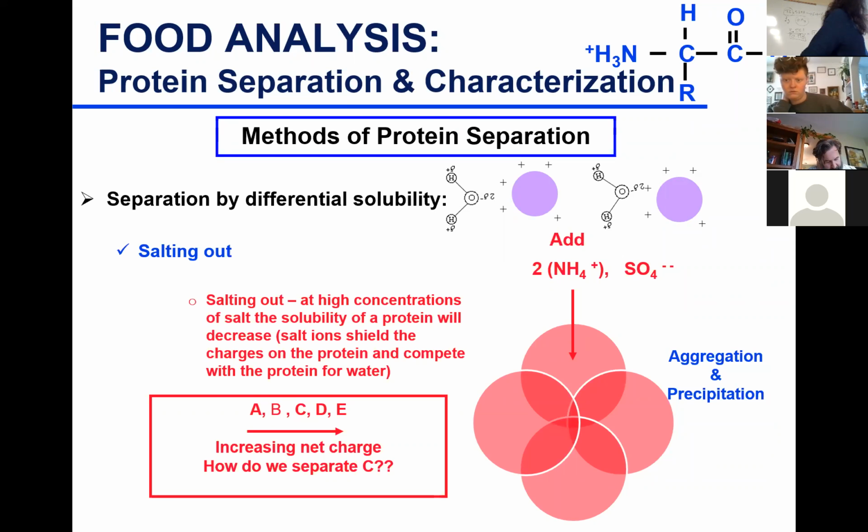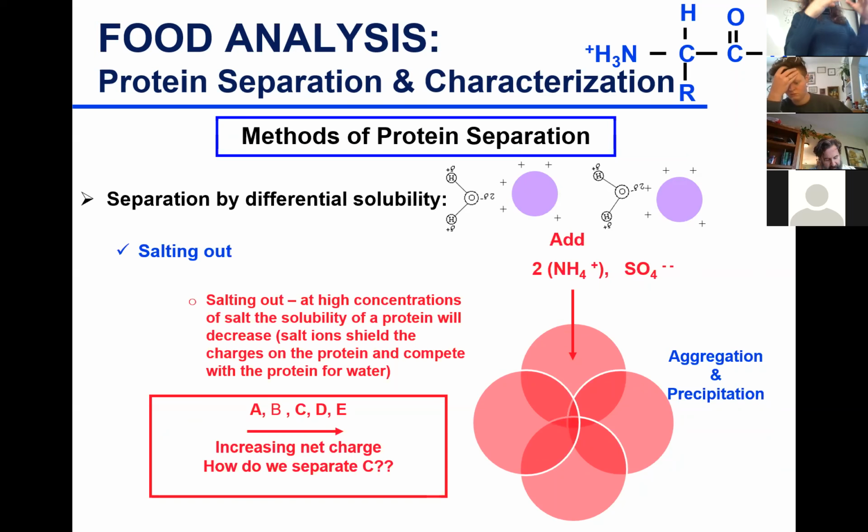Sometimes certain salts, like ammonium sulfate at specific concentrations, shield the charge on the protein. They interact with the different charges on the protein, shielding the charge, so now you don't have electrostatic repulsion between two protein molecules. The charges are shielded.